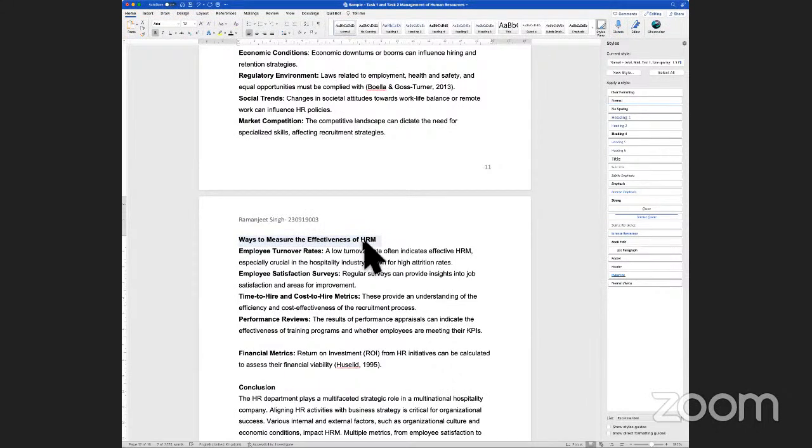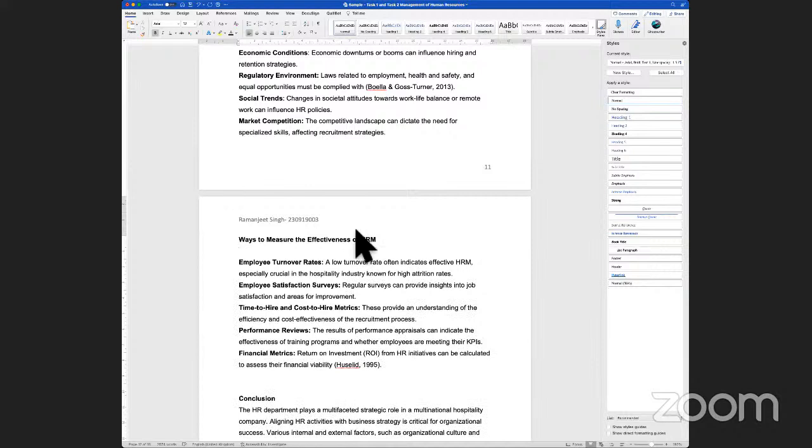HR is normally tasked with reducing employee turnover, that means people leaving the organization. They would look at ensuring that satisfaction is there in terms of people working in their job roles, and then time to hire and cost to hire would have to be looked at, calculating performance reviews and relating this to the financial metrics of the organization.